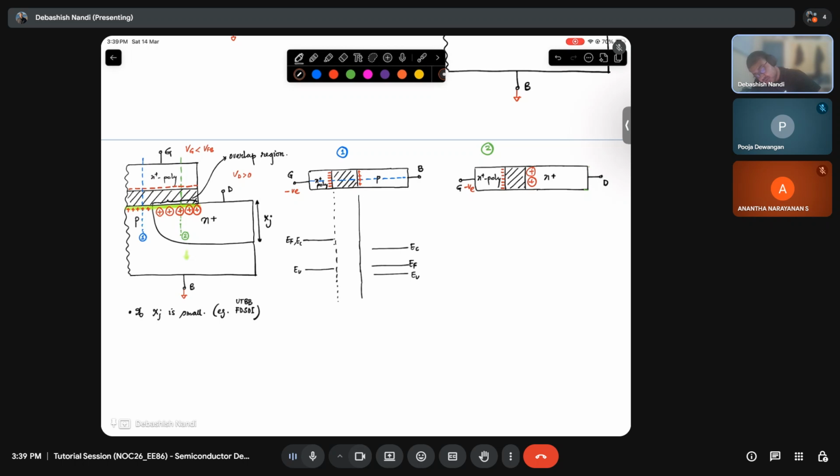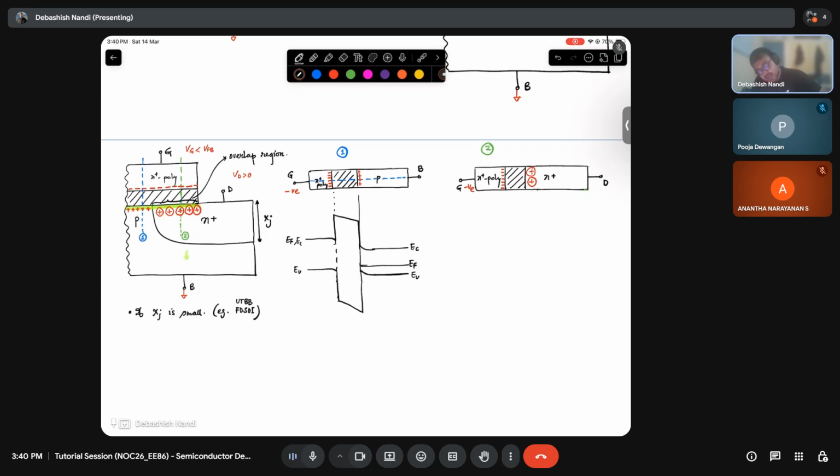So your bands will be like this. This will bend very slightly because it is poly, and this bending is at a much higher place because your insulator band gap is very high.